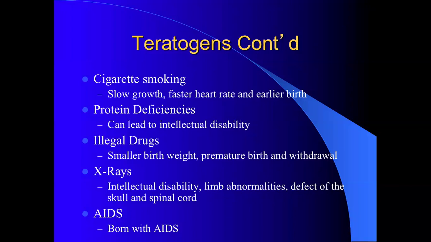We could be talking about heroin or any other drug you can think of that is not legal. In general, the pattern is that we have a low birth weight, we have a premature birth, and we have withdrawal.